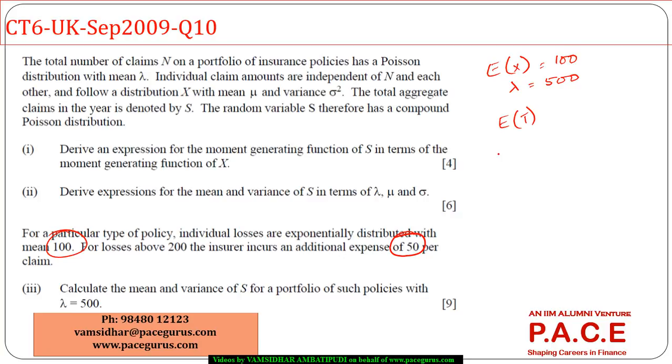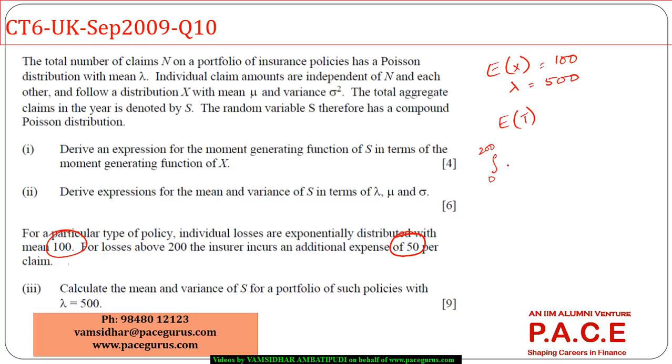Up to 200 it's only 100, but above 200 another 50 is incurred. So basically I could have written it as the integration between 0 to 200.